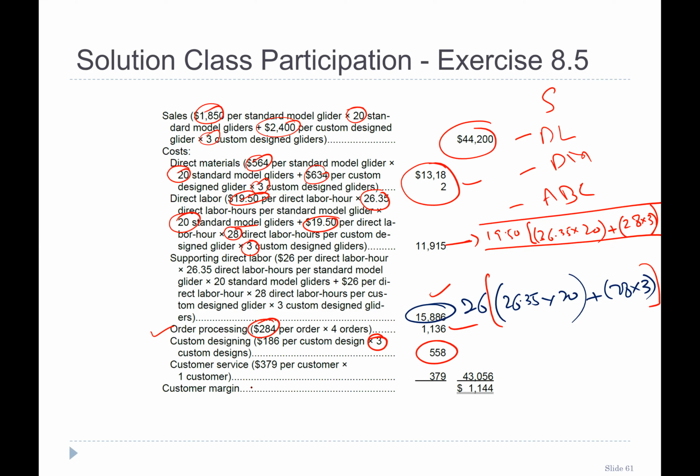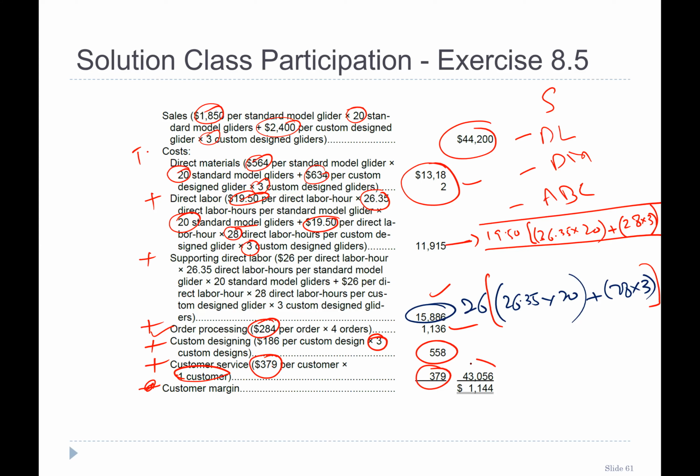And customer service, we served 1 customer, the Big Sky company. So $379 multiplied by 1, that is. So this total cost includes direct material plus direct labor plus supporting plus order processing plus customer design plus customer service.